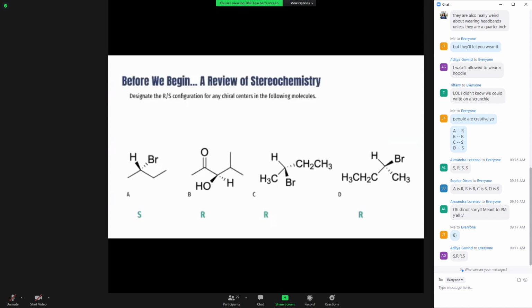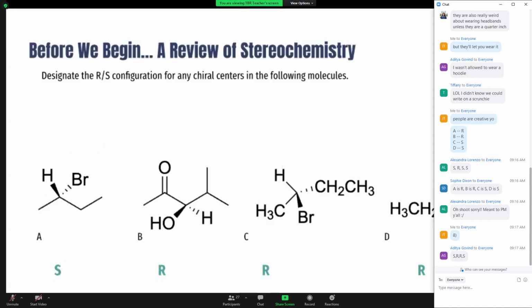Okay, so the first one, let me draw here. Oh, hold on. Okay, so this is 1, this is 2, this is 3, but because our fourth group is coming out of the page towards you, you're gonna switch whatever configuration you've assigned.